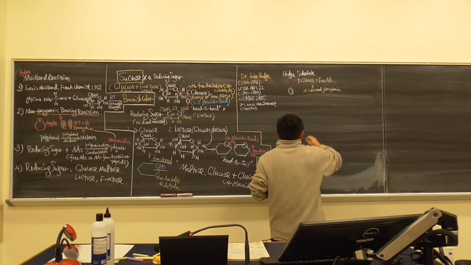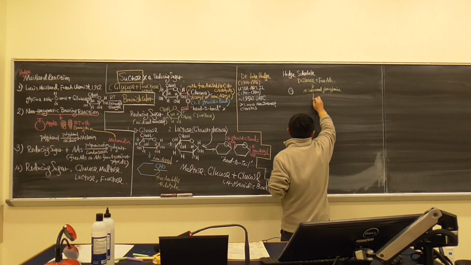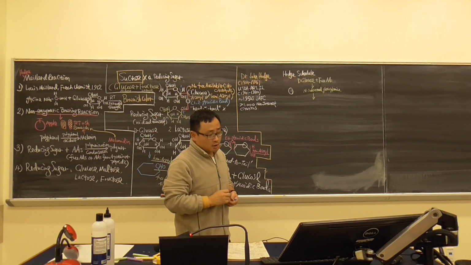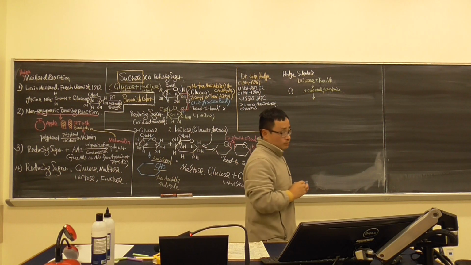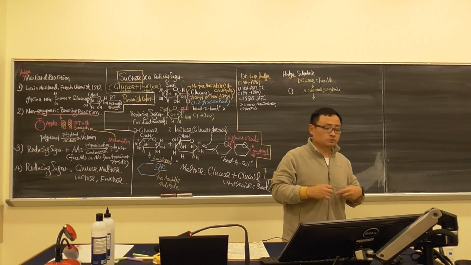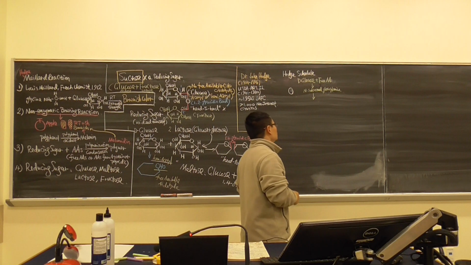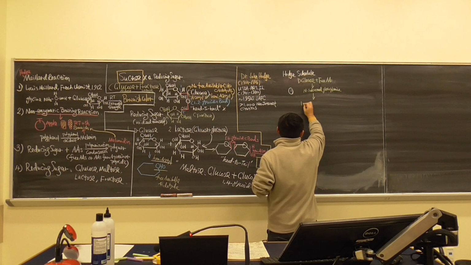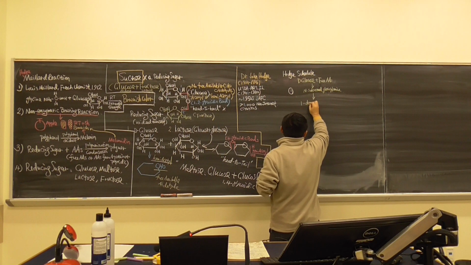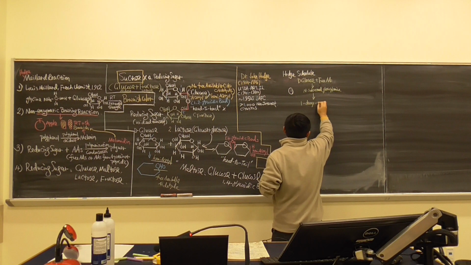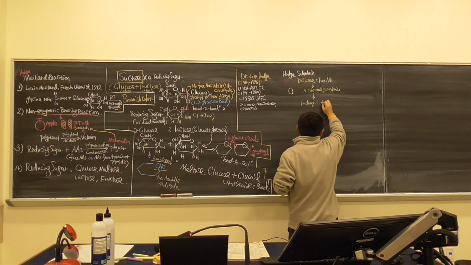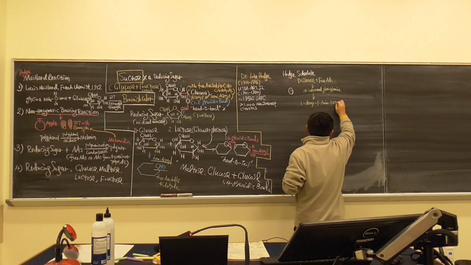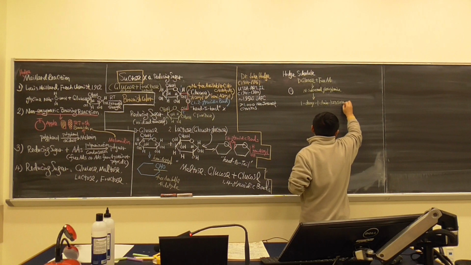Then the second step, N-substituted glucosamine goes through multiple reactions. Basically it is protonation, deprotonation, losing water, and will become 1-deoxy-1-amino ketosamine.